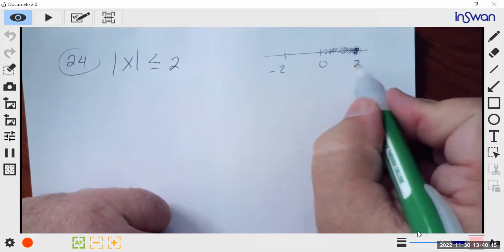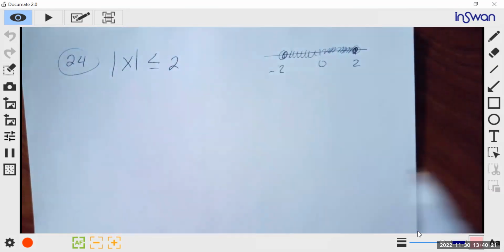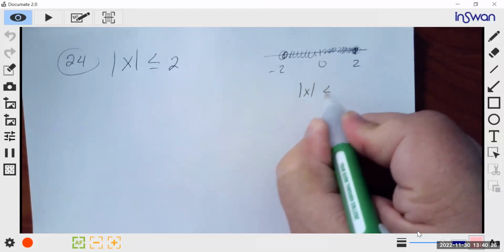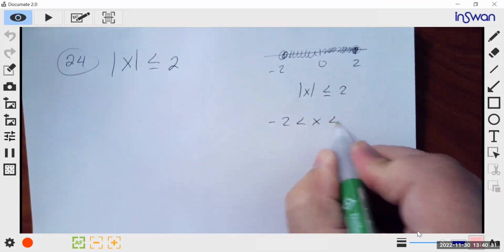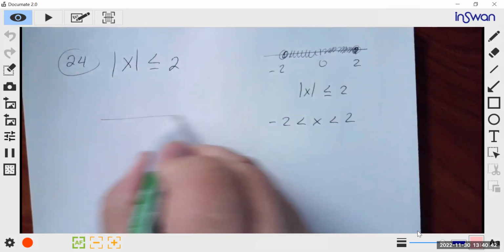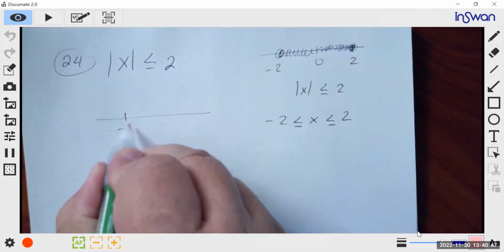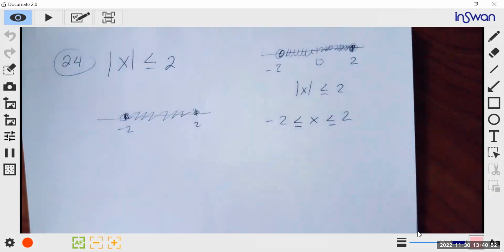Since it has to be less than positive 2, that means it has to be greater than negative 2. So when you drop the absolute value sign of a less than, that's what it becomes. Since it's equal to, from negative 2 solid to positive 2 solid, that's your graph.